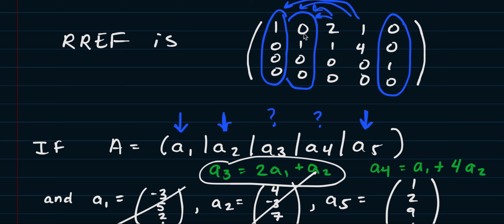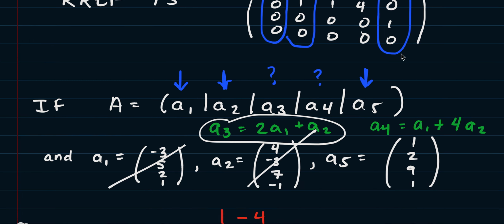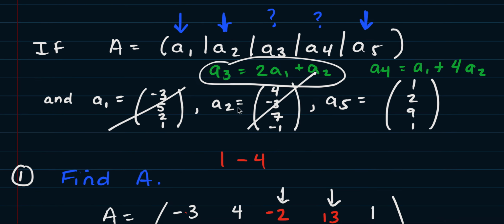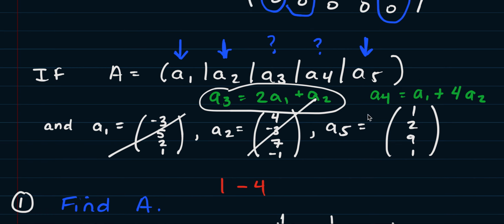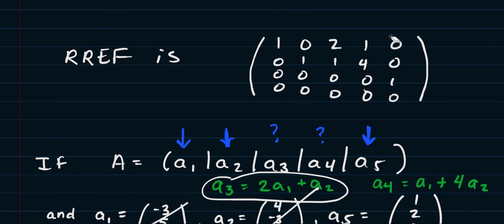So A1, A2, and A5 will be a basis for the column space. So A1, A2, and A5, that is, if you take the span of these three vectors will be a basis of the column space. The row space is the row space of the reduced row echelon form, which is this one, this one, this one, and this one. And keep them as rows. And that's it.